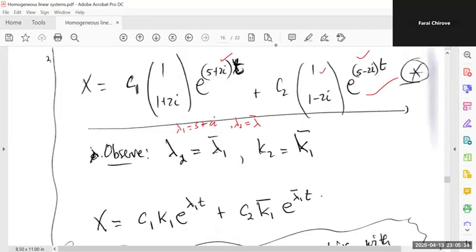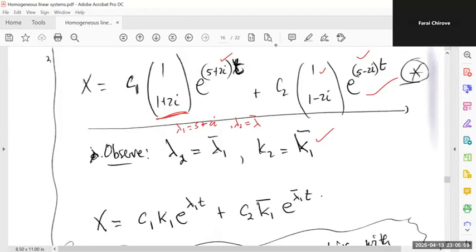What is it? 1 minus 2i. And then you see that the k2 is actually the complex conjugate of k1. So what it means is if you have found the k1 eigenvector, then you will know the k2, because it's just the complex conjugate of what?